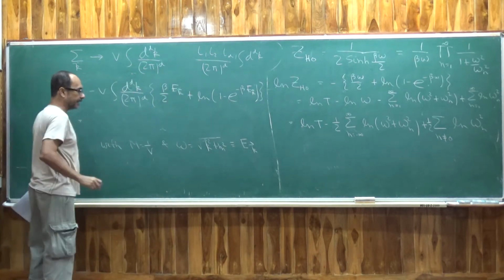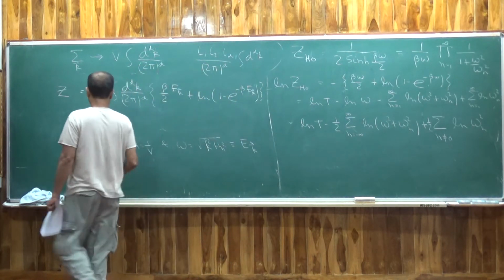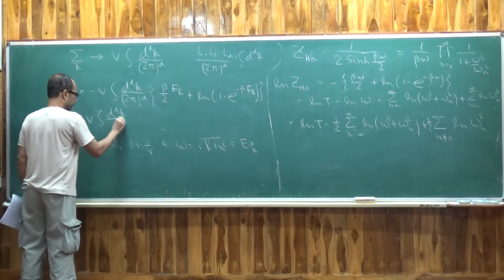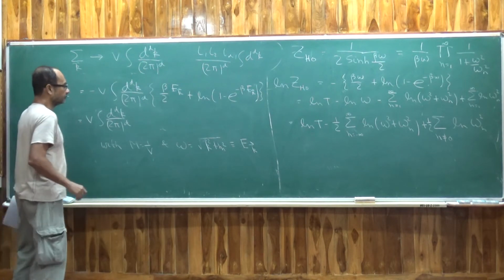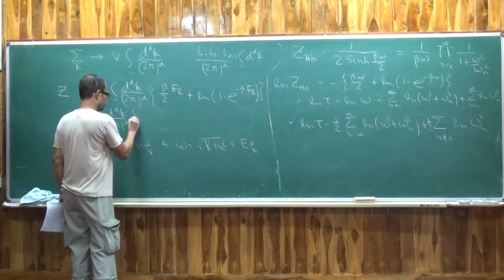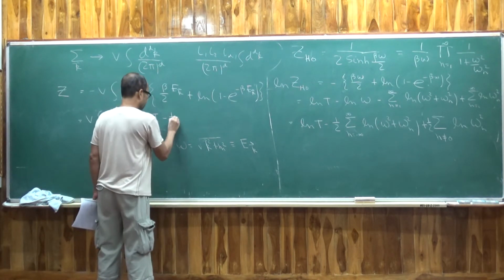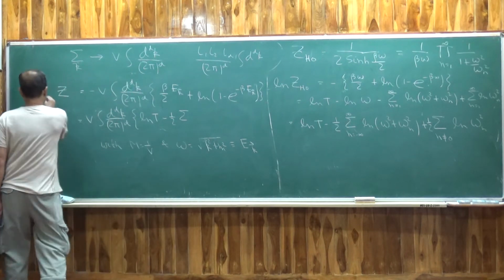And if you use the second expression over here, so this is V integral d^dk over (2π)^d log T. Pardon? The ln Z. Thank you.